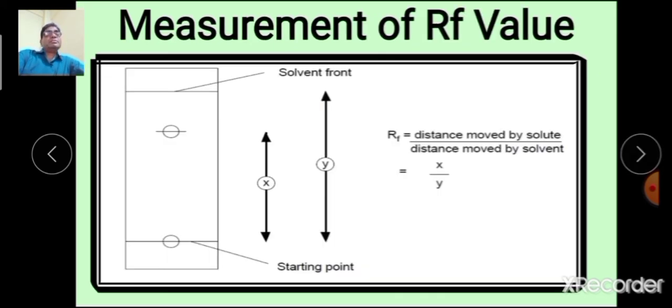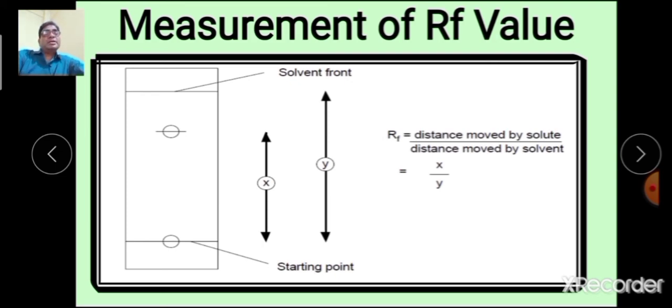Now, the rate of flow values are measured. What is the rate of flow value? The rate of flow value is determined by the ratio of the distance moved by the solute divided by the distance moved by the solvent.